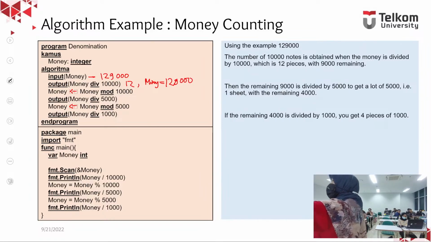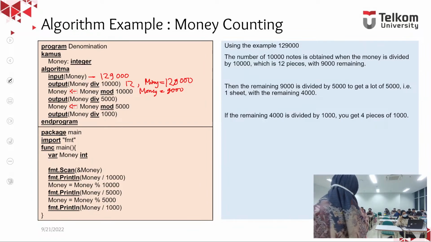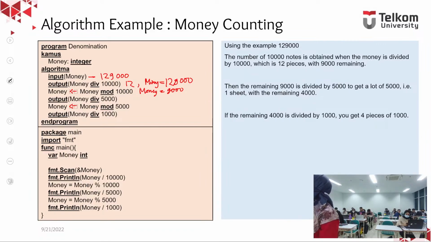On the third line, we change the value of the money variable to money mod 10,000, which is 9,000. And then the output, 9,000 div 5,000, should be 1.